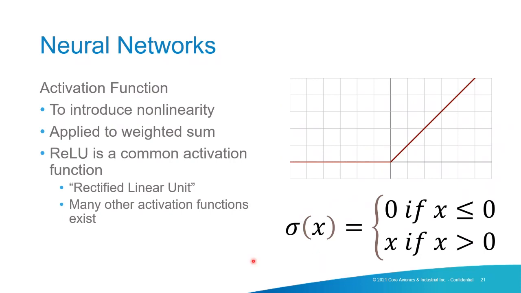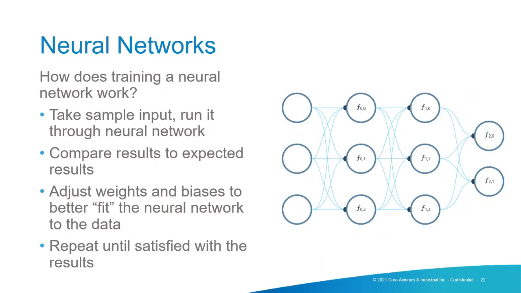And so the next thing I'm going to touch on now is the actual training of a neural network. So how do we, quote unquote, discover an algorithm? How do we get a neural network to discover an algorithm? And this really comes down to taking sample input. So in the example of an AR HUD application, we might have pictures taken by the camera sensor that we're currently using that we want to train against.